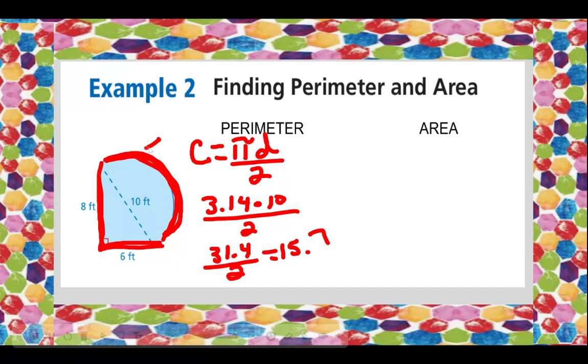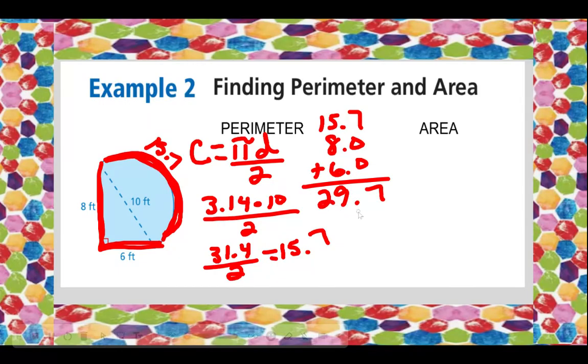So this part here is 15.7. So now we're going to add 15 and 7/10 plus 8.0 and 6.0. Add them up. So 29 and 7/10 feet. That is my perimeter.